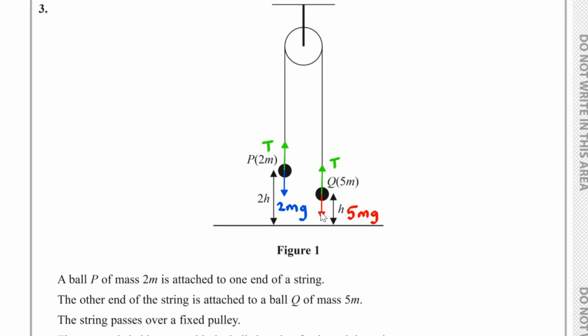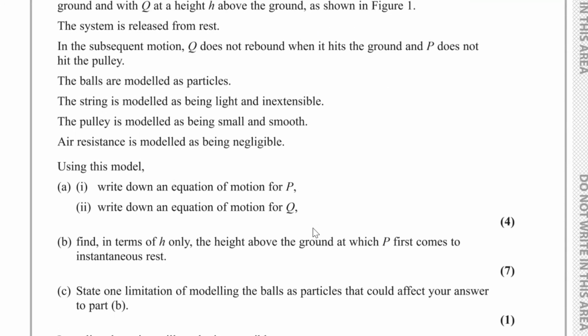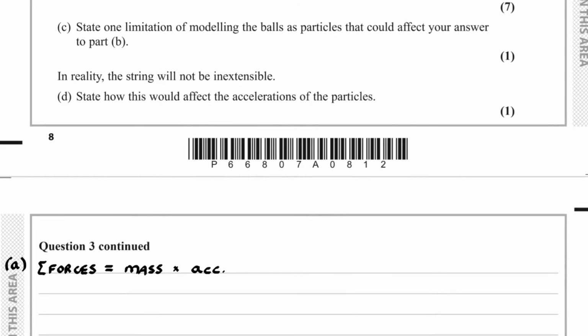So when we come to use the sum of the forces equals mass times acceleration, if we consider P, we have T minus 2mg equals ma.